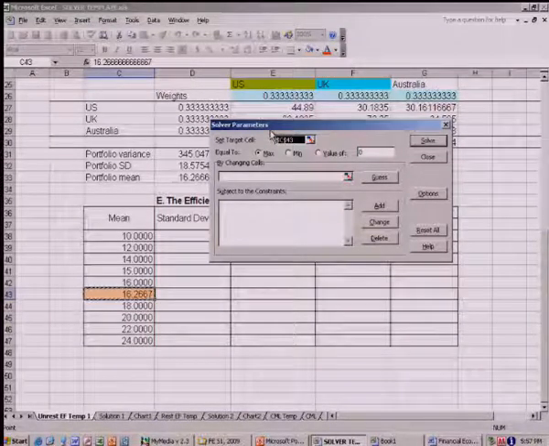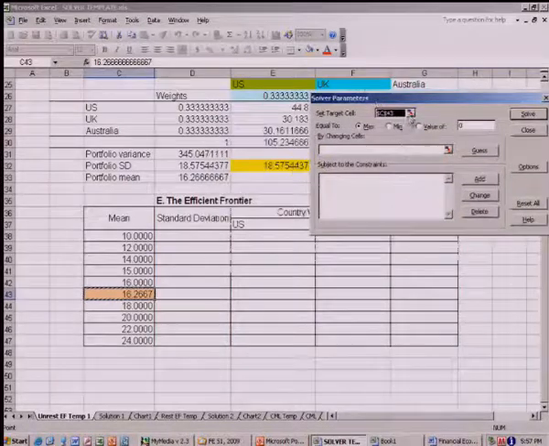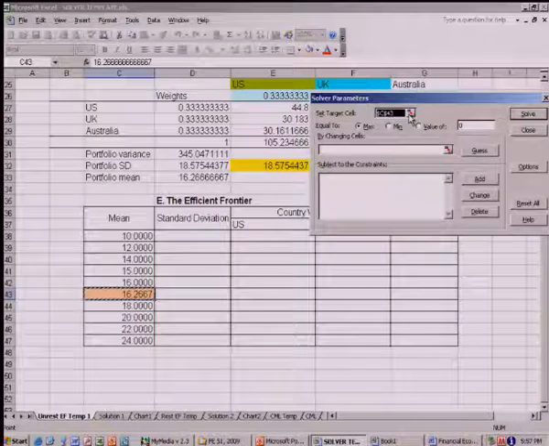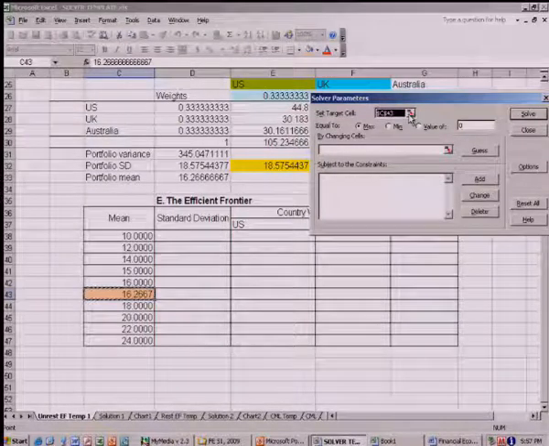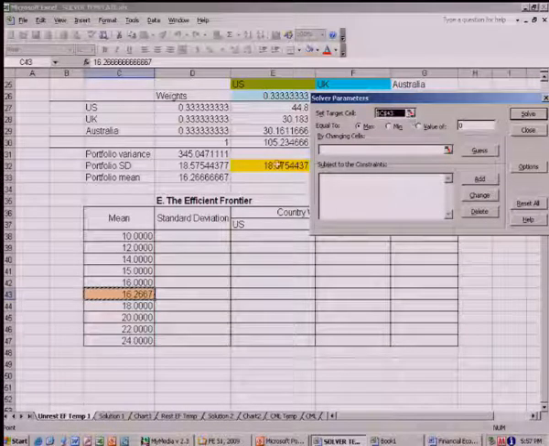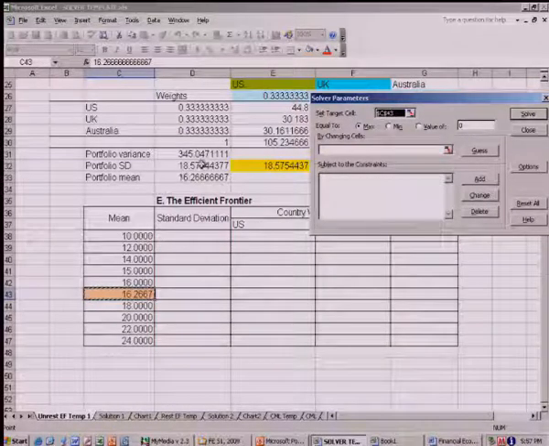So for your target cell, you want to minimize the level of risk. Whether you choose the variance or the standard deviation as your measure of risk is up to you. They ultimately tell you the same story. However, I do prefer to use the standard deviation.